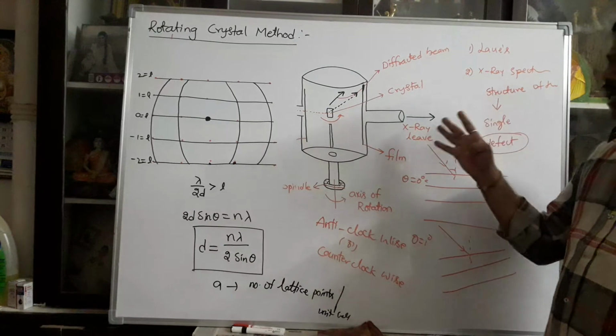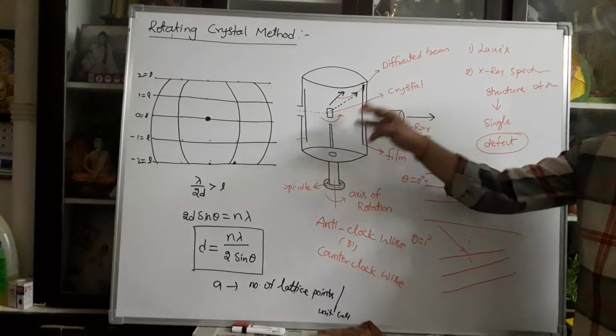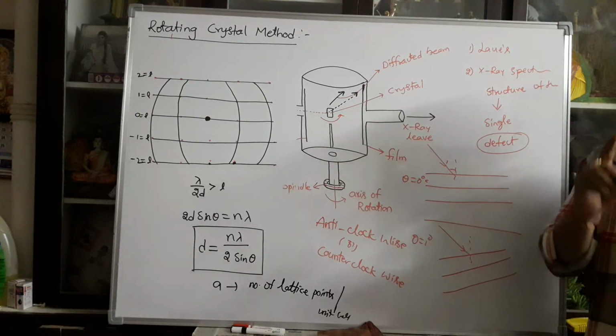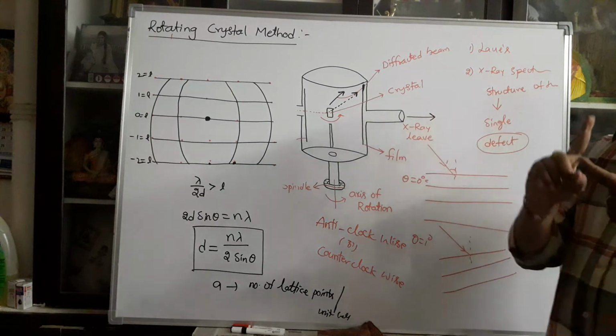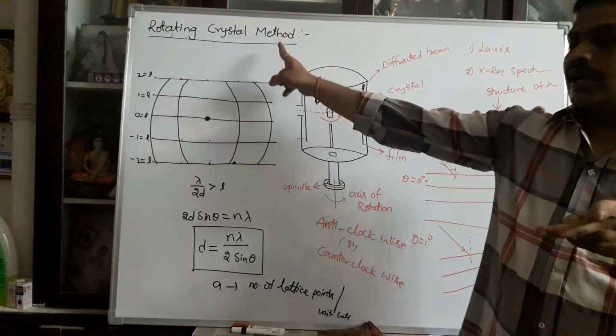In these 3 experiments, the crystal must be taken in solid form only. Experiment number 1 is the Laue method, experiment number 2 is the X-ray diffraction spectrometer, and experiment number 3 is the rotating crystal method.